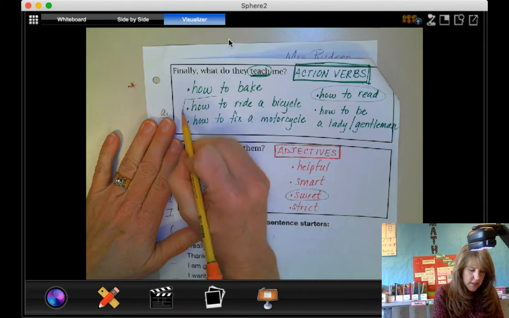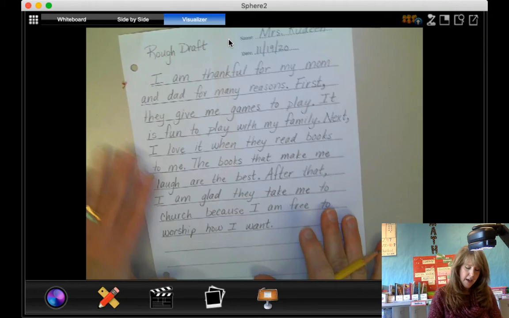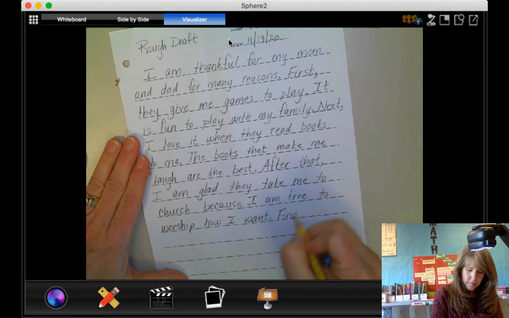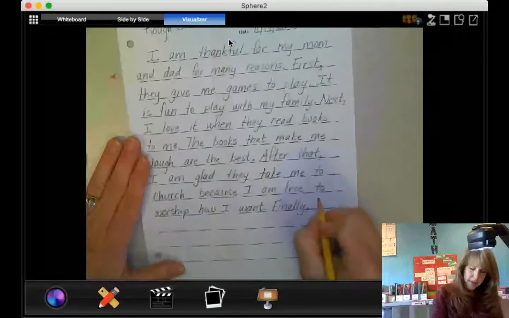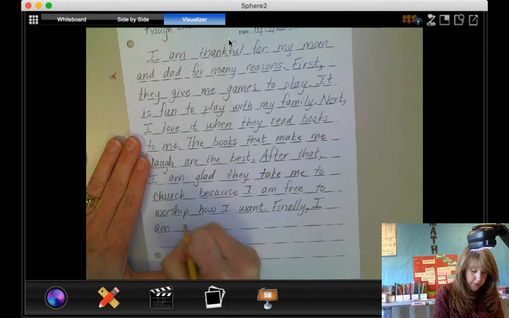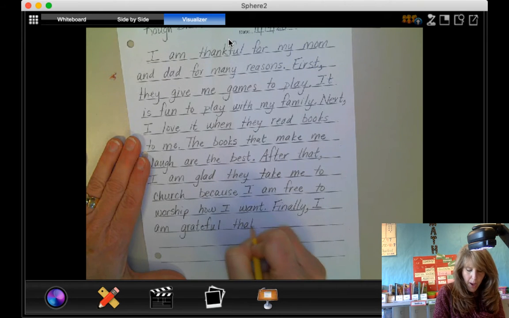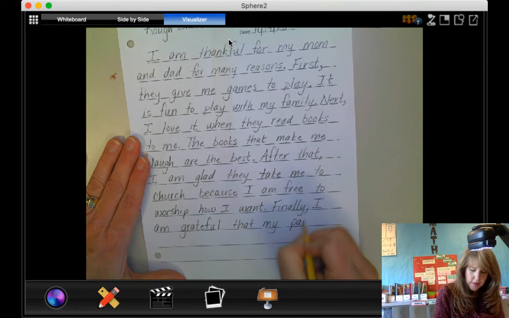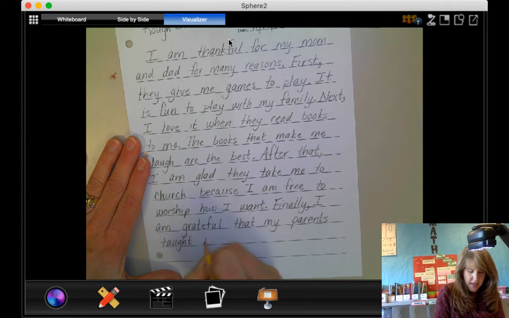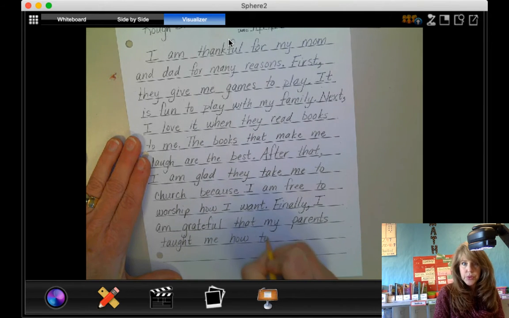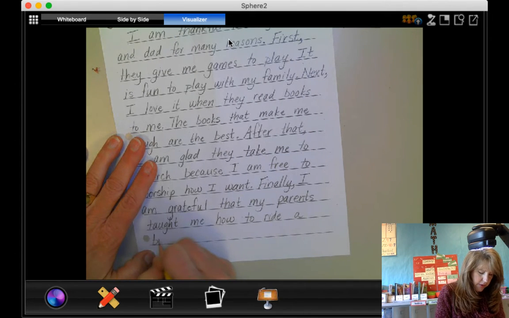And I'm going to choose this one, how to ride a bicycle, because I can still remember that. Finally, comma, I'm going to say, I am grateful that my parents taught me how to ride a bicycle.